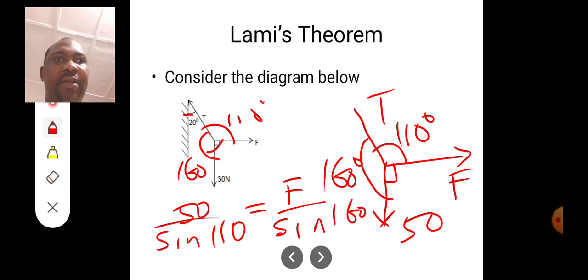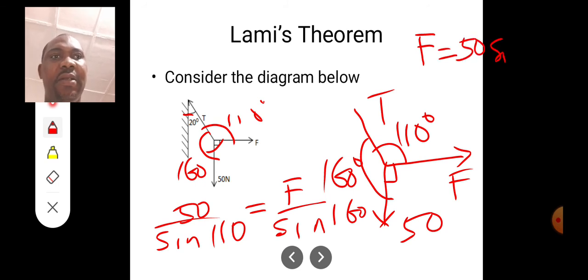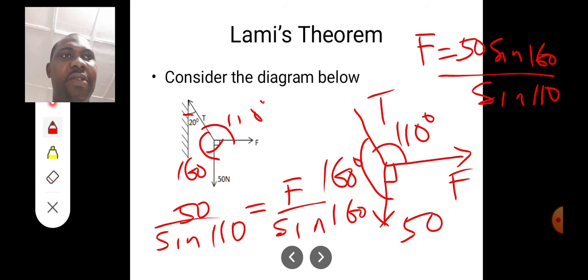And with that, to make F the subject of the formula, we are going to have F equal to 50 sine 160 divided by sine 110. If we use our calculator here, you'll see that we get the same answer as we got in the triangular law of forces. You can try that and get back to me.